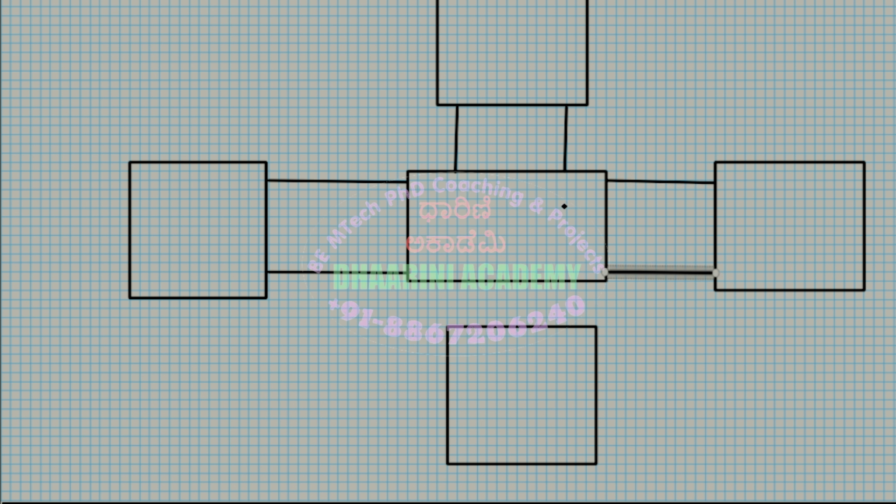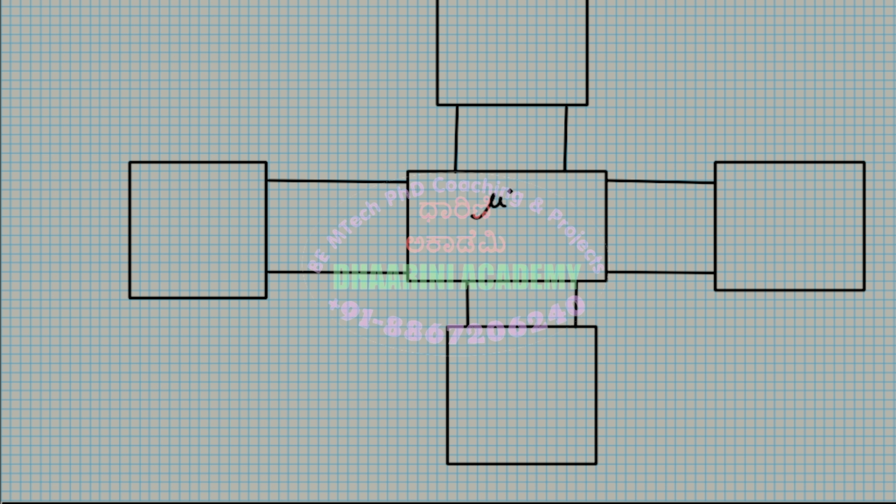So this is how it's going to look. At the center we have the junction.